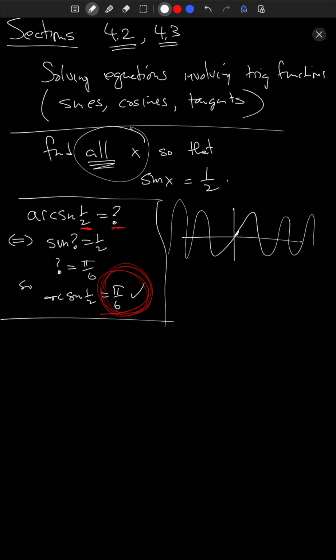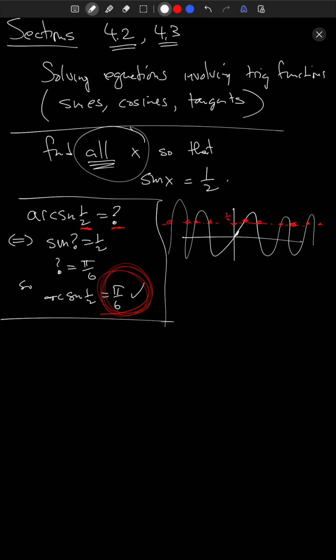It repeats like that. When I look at the output 1/2, that's represented by drawing a horizontal line at height 1/2. Every intersection point of this horizontal line with my graph is going to be a solution to my problem, a value that when I plug it into sine, I get the output 1/2.